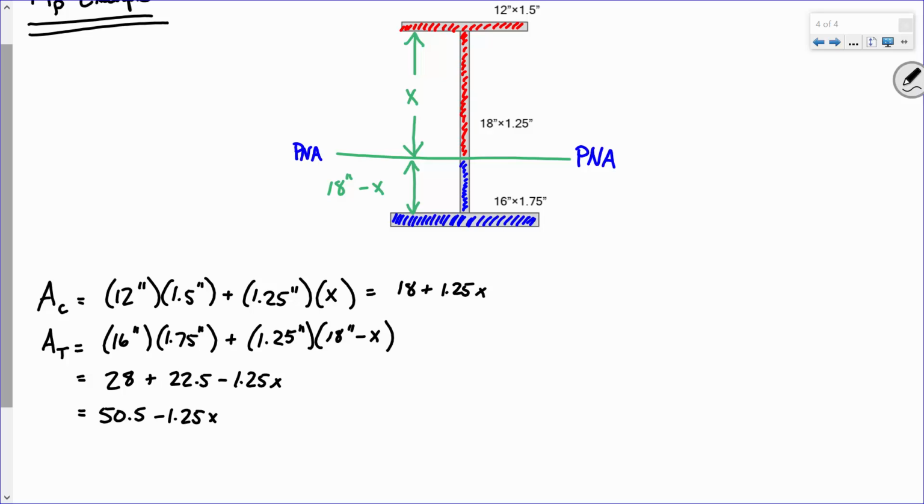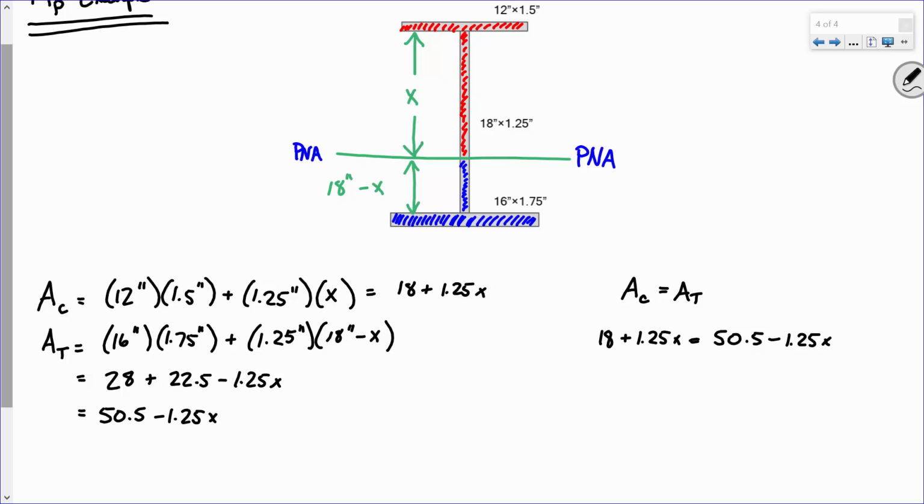Any questions? Now, I propose that to find that location, we have to set AC equal to AT. So 18 plus 1.25x has got to equal 50.5 minus 1.25x, right?